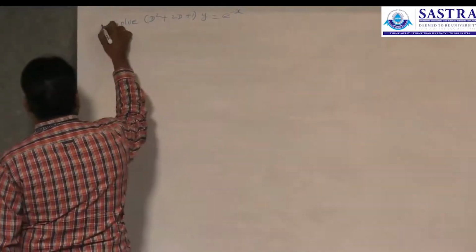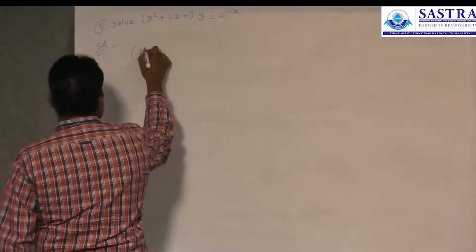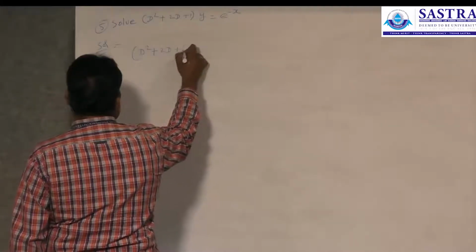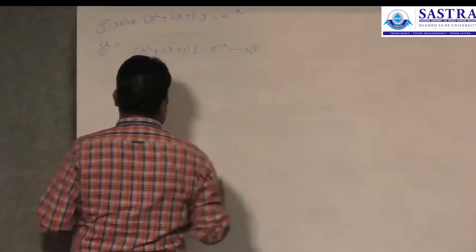This is problem number 5. Write down the given equation, d square plus 2d plus 1, whole thing into y is equal to e power minus x. Equation number 1.